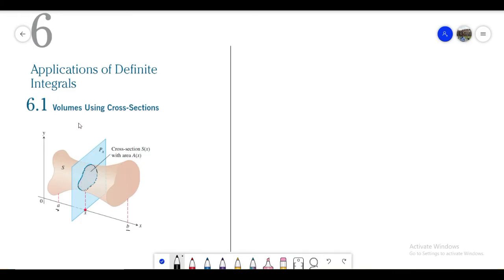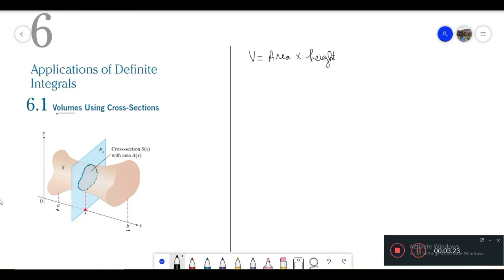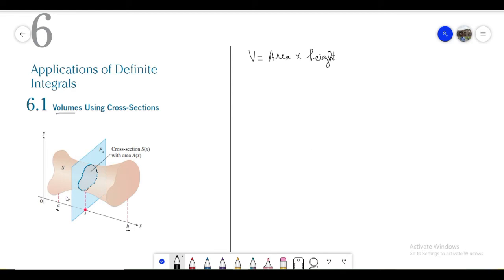Our idea is basically to compute the volume. The volume V is equal to the area times the height. So the next question is how we can extract the area and the height from this solid. For this, we have extracted this cross-section area into a new figure, which is this one.